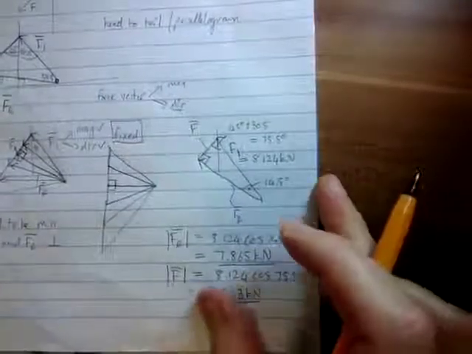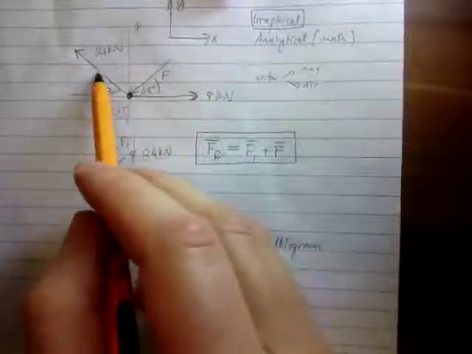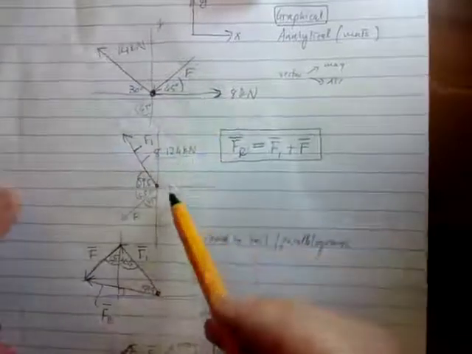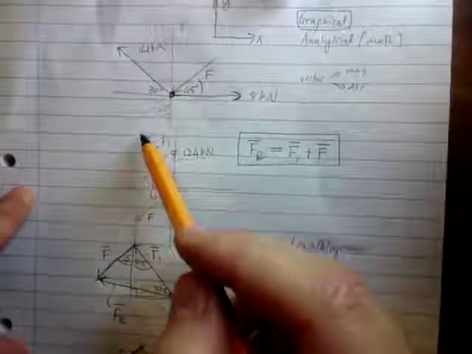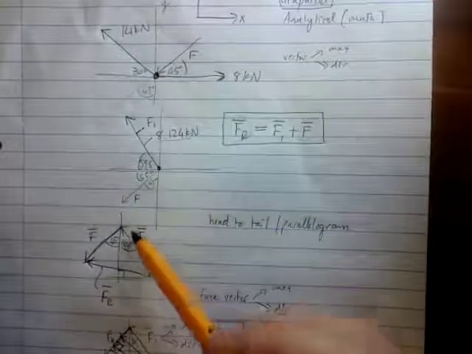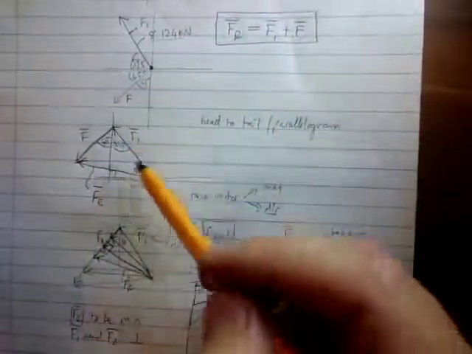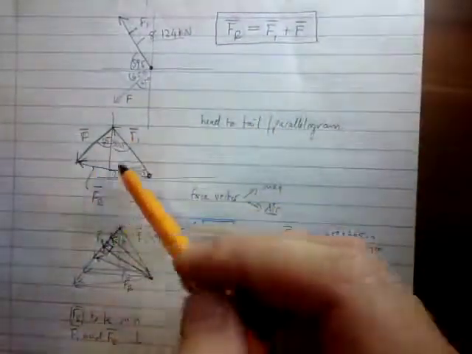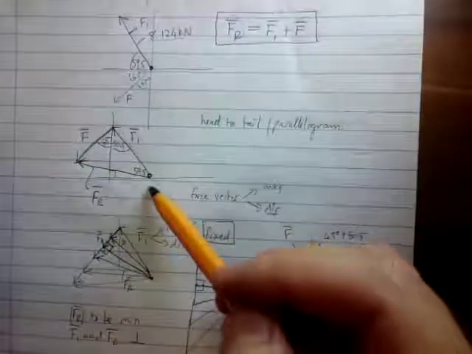Alright? So this is the graphical method, guys. Let's go through it again. I first calculated the resultant of these two. I got this force here. Then, based on normal force vector addition, I know that that force plus that force must give me a resultant, which is what I got here, using the head-to-tail vector addition method.